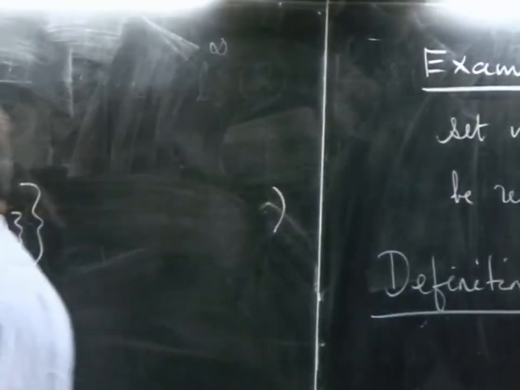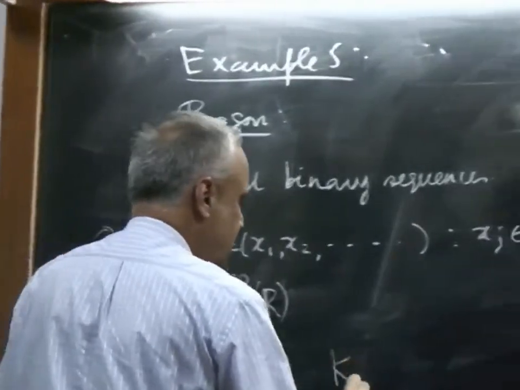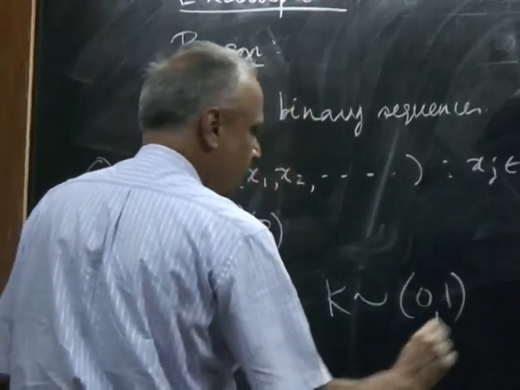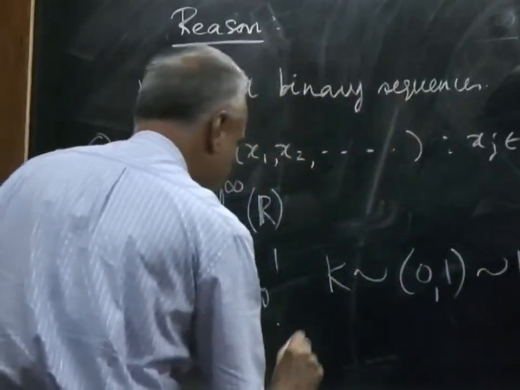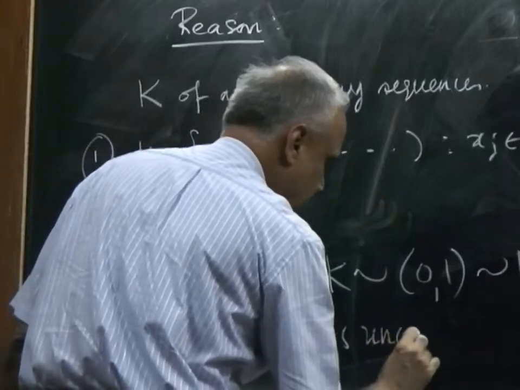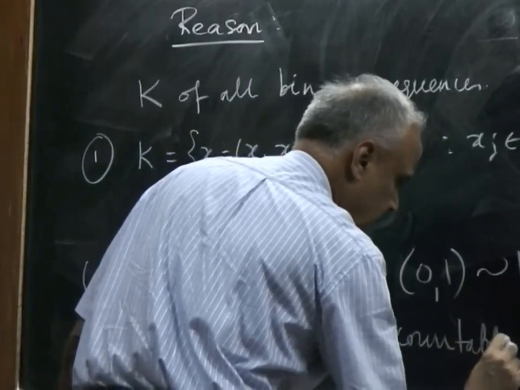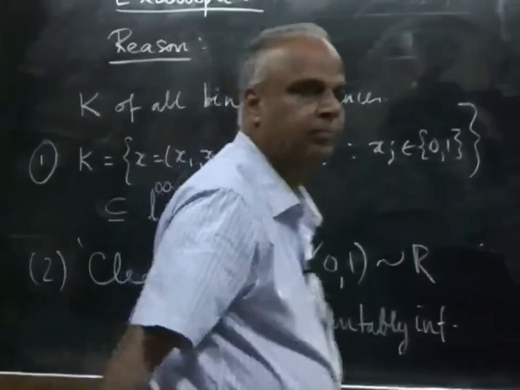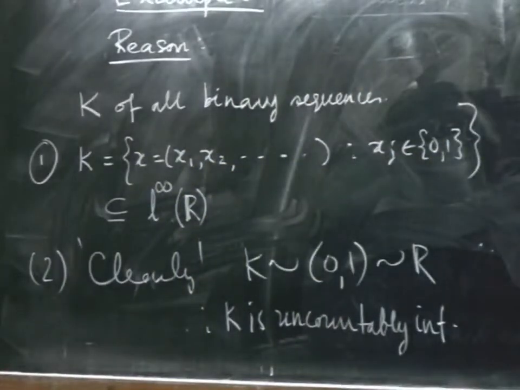Clearly, K is equivalent to the interval [0,1], which is equivalent to R, and therefore K is uncountably infinite. So binary sequences, which form a subset of L infinity, the collection of bounded sequences, are an uncountably infinite subset of L infinity.